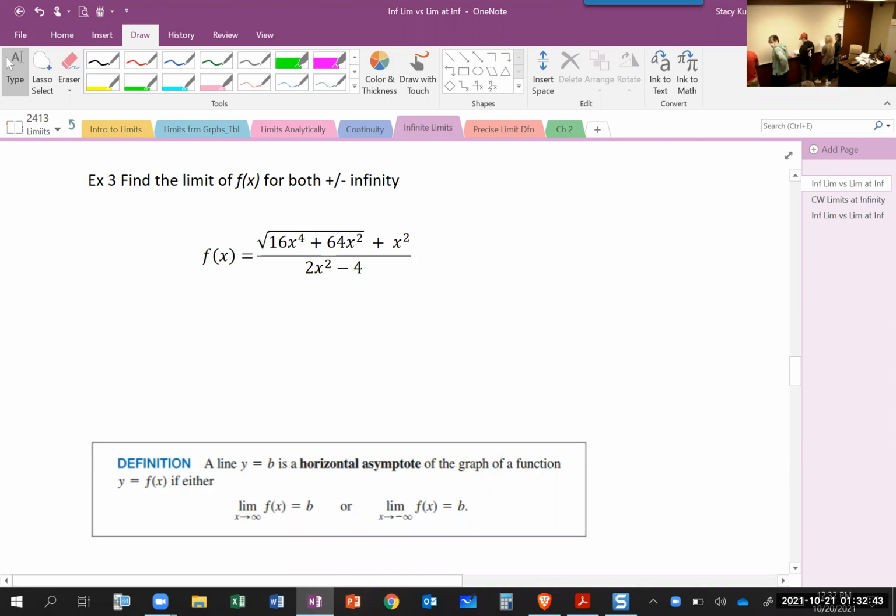Riley, you can slap a piece of paper over here next to Zoe on the wall. What are we doing? All of them, except 7, 8, 9, and 10. You can do 1 through 7.